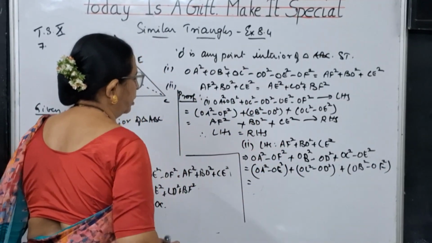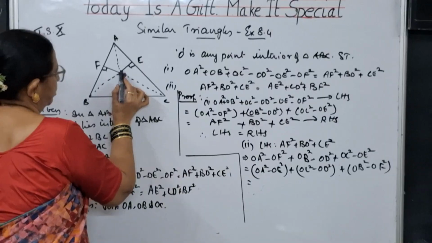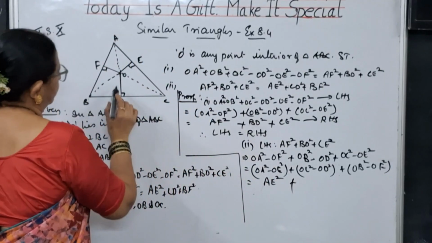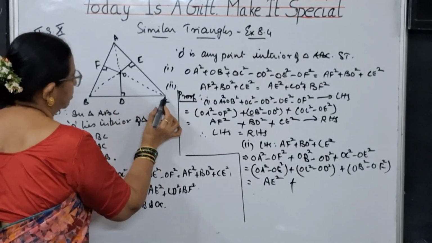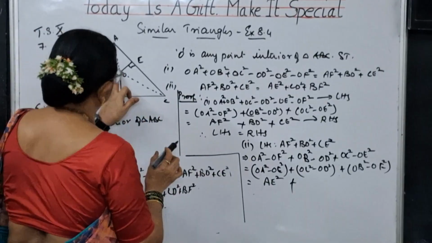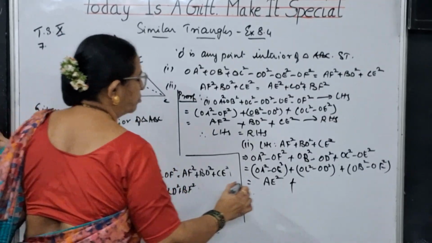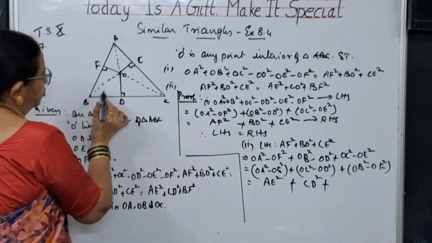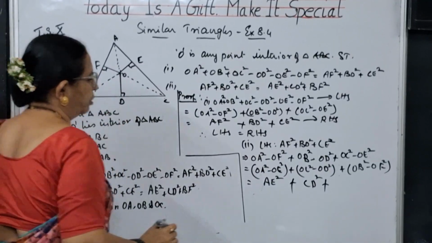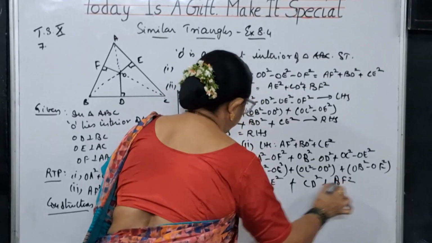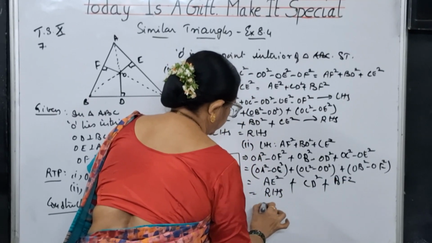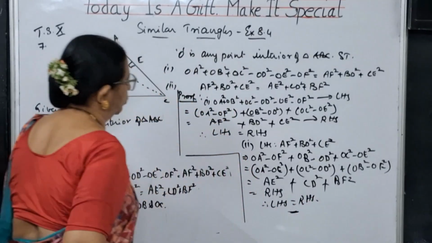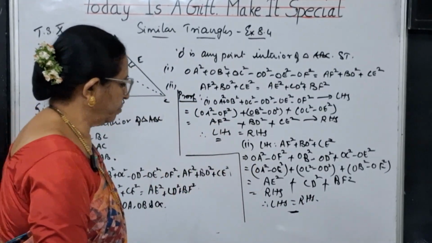So OA square minus OE square is AE square plus OC square minus OD square is nothing but CD square plus OB square minus OF square is nothing but BF square. This is RHS. Therefore, LHS is equal to RHS. So we could prove both the ones in this way, children.